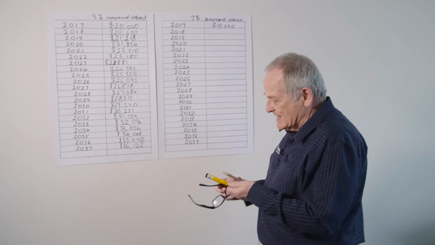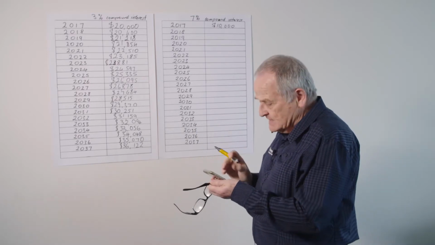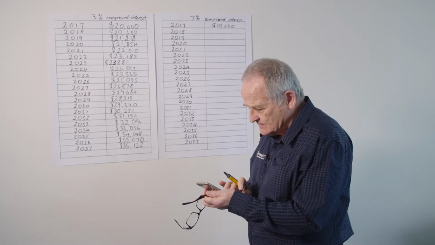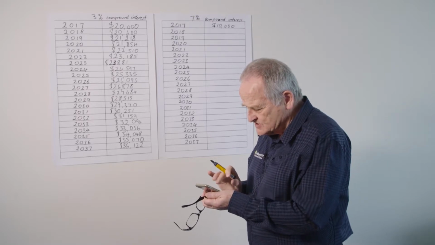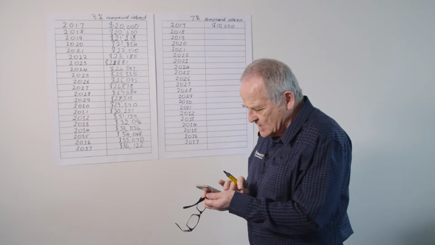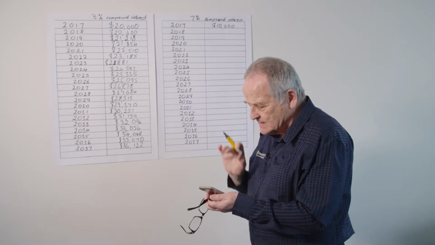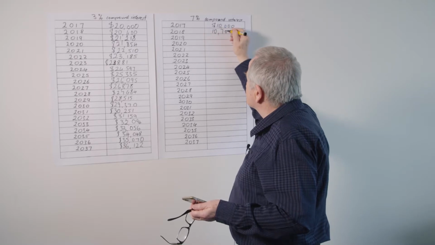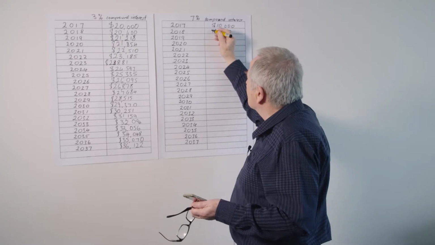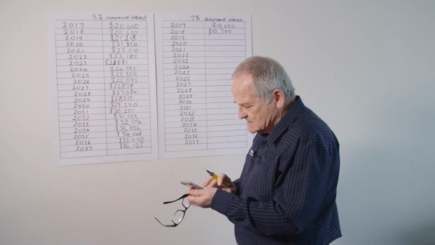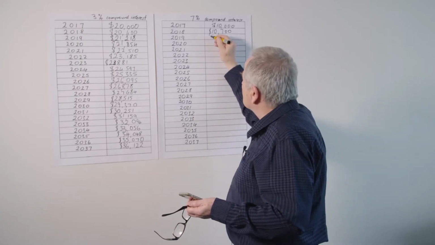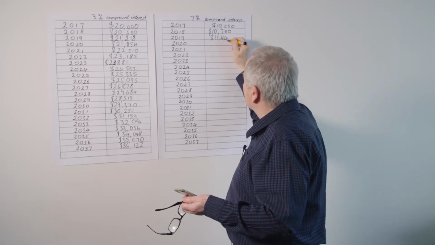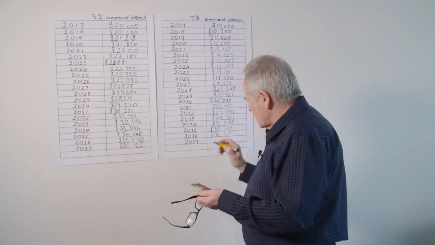This time, after 1 year, our $10,000 is multiplied by 1.07 and equals 10,700. After 2 years, 11,449.